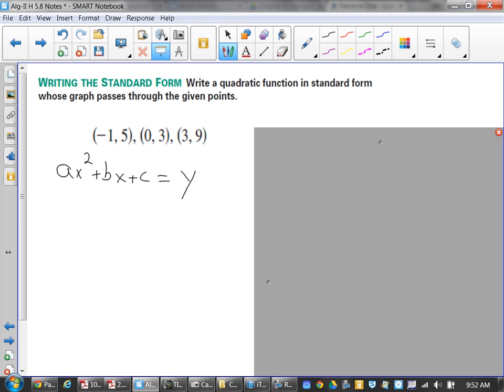Do you agree? Yeah. All right. Now, if I have 3 ordered pairs, since I have 3 x and y values, I have 3 separate equations.